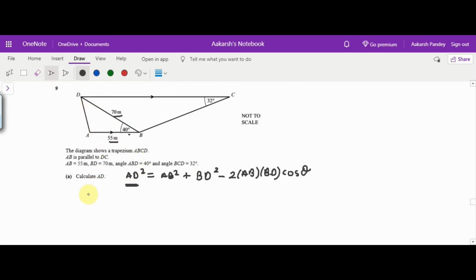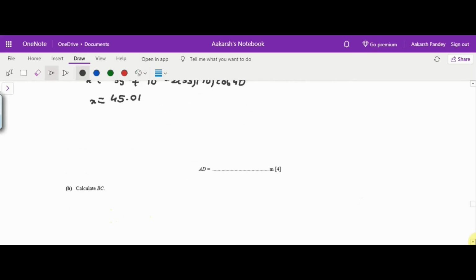So let AD square be x square, which is equal to 55 square plus 70 square minus 2 into 55 into 70 into cos of 40 degrees. So you get x to be about 45.01.